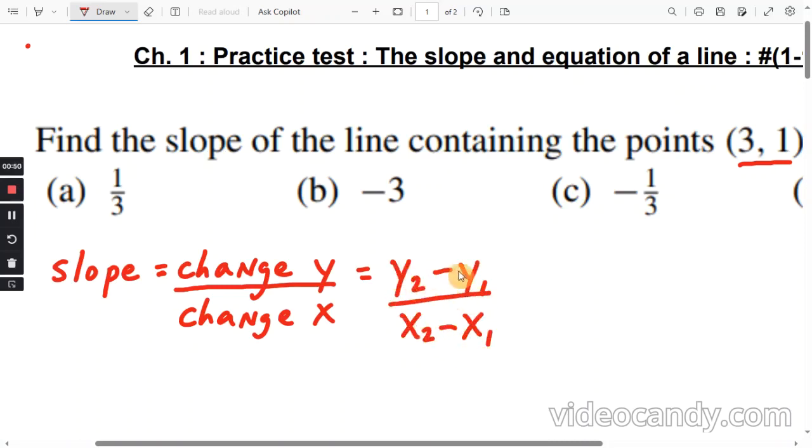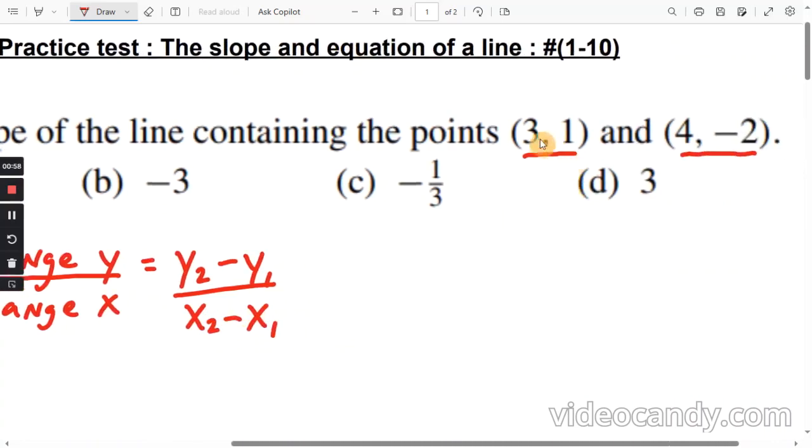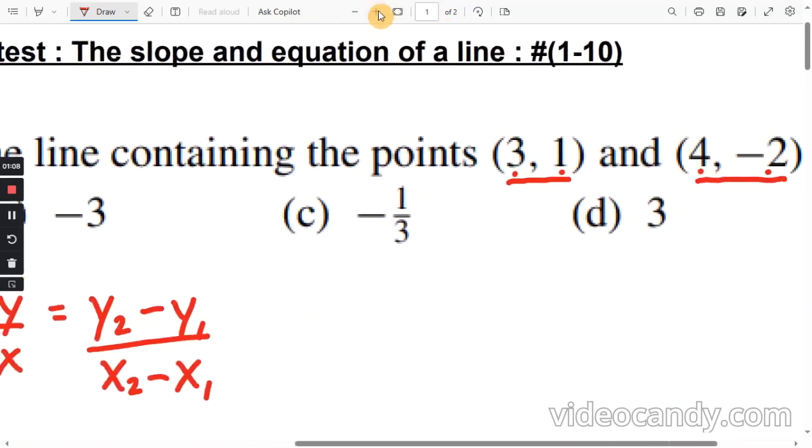The order you subtract has to be the same in the numerator and the denominator. If we look at the coordinates, the first coordinate is x, the second one is y. So we need to subtract going in the same direction.